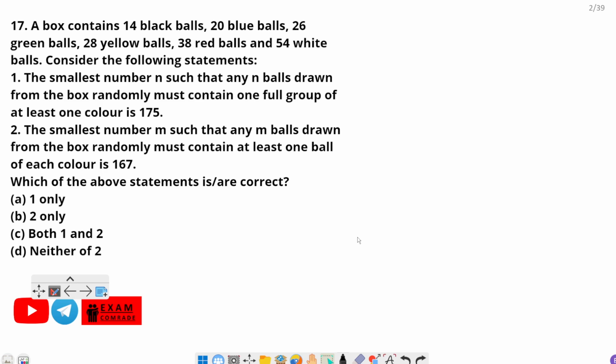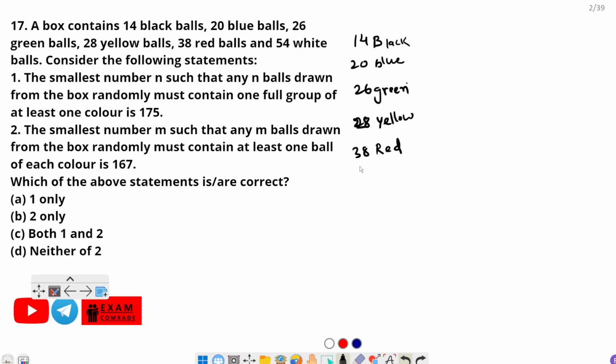The question is: a box contains 14 black balls, 20 blue balls, 26 green, 28 yellow, 38 red, 54 white balls.